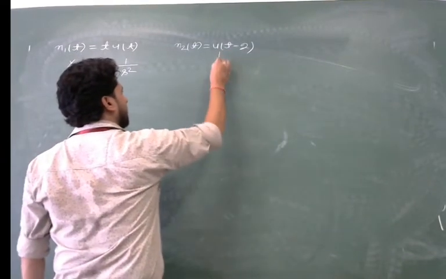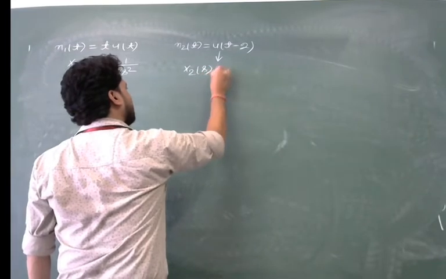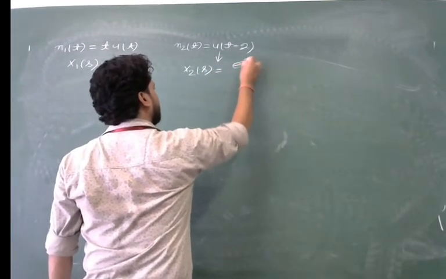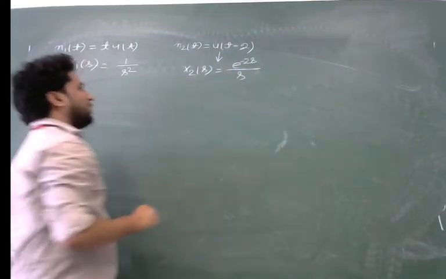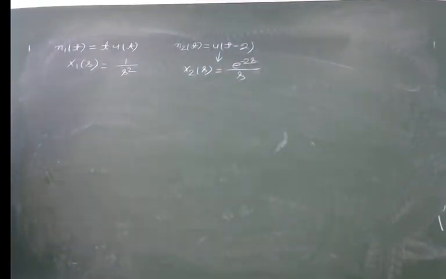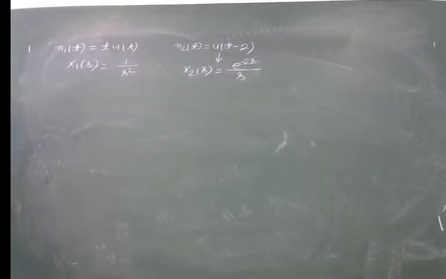And the Laplace transform of u of t minus 2, meaning X2 of s, will be equal to e power minus 2s upon s, because it is the property of shifting in the time domain. The Laplace transform of u(t) is 1 upon s, then the Laplace transform of u(t minus 2) will be equal to e power minus 2s multiplied by 1 upon s.